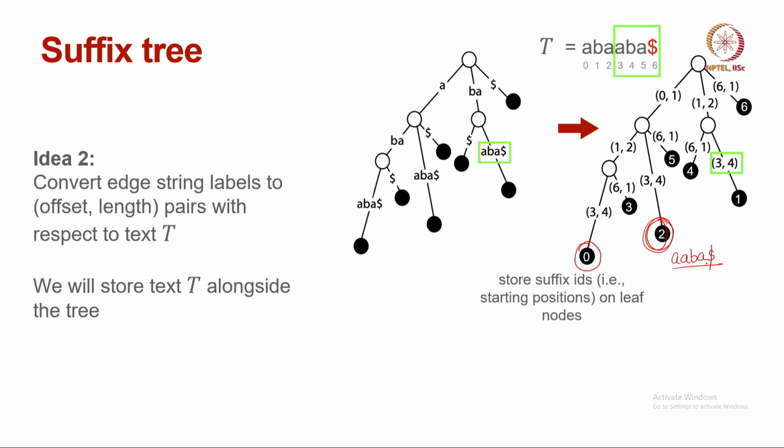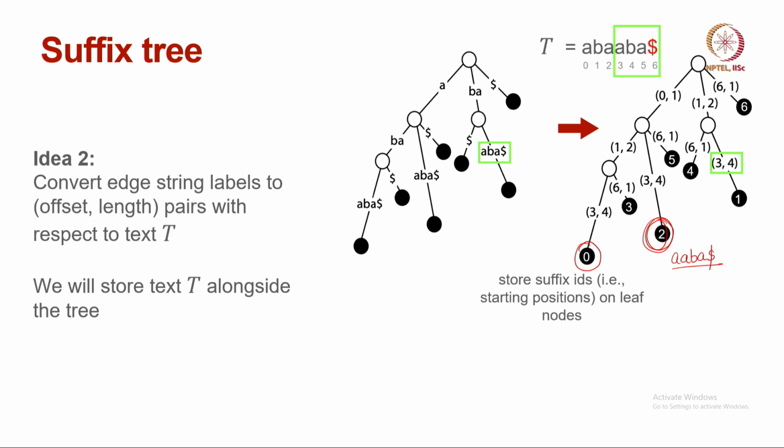So, this is also convenient, because when I am solving many problems and I reach the leaf node I can immediately tell that this is the leaf node corresponding to the suffix that starts at position 2, right. So, this will be helpful while problem solving.